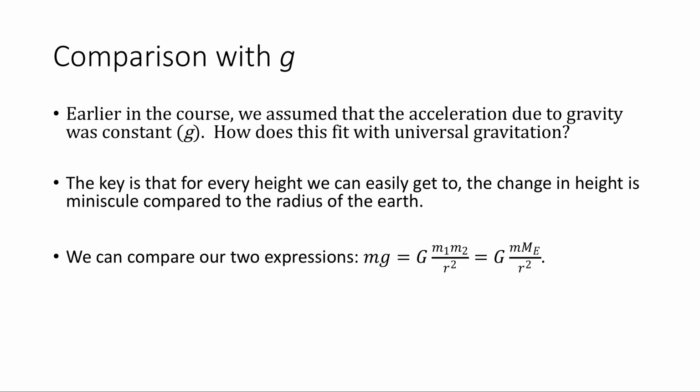So we get that little mg is equal to the gravitational constant G times little m times the mass of the Earth over the radius squared. If we then cancel the little m's, we get that the value of g, our familiar 9.81 meters per second squared, is equal to the gravitational constant G times the mass of the Earth divided by the radius squared.